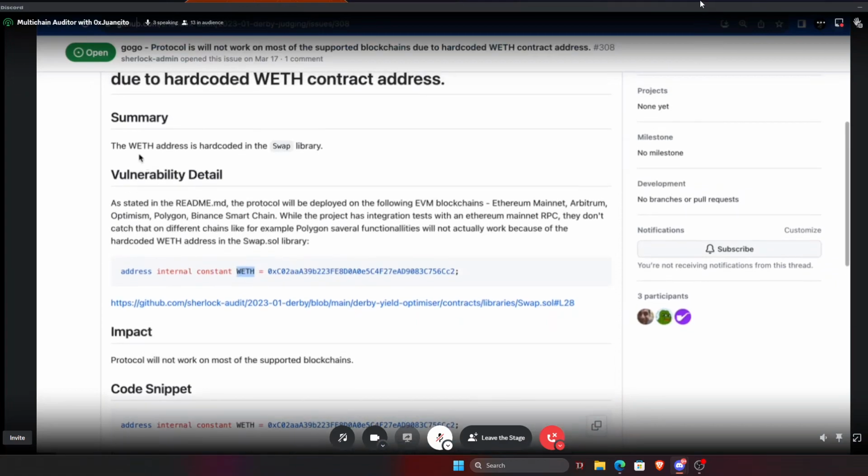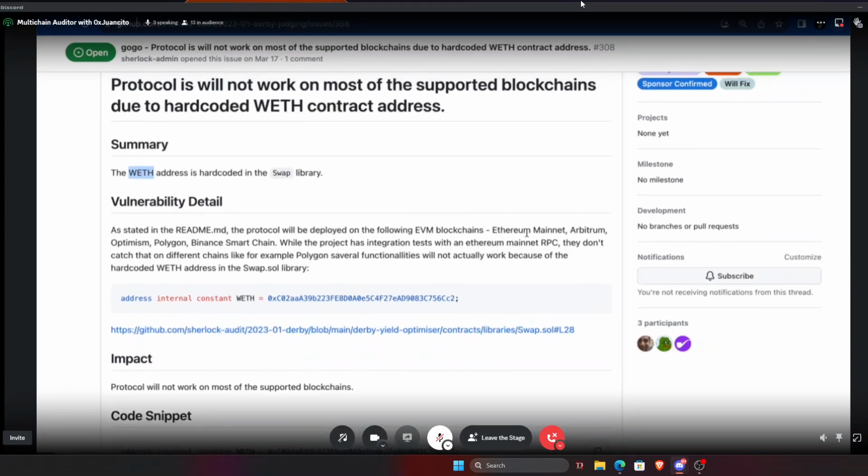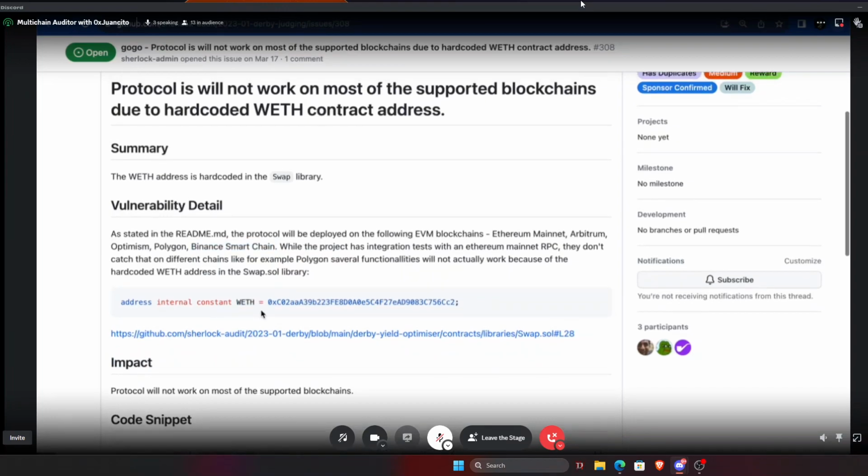This doesn't happen only for Rapidfair: if you are using some Chainlink feed, or a Uniswap pair, or any protocol, you should check for each of these chains that the addresses are correct and they are the ones that you are expecting.